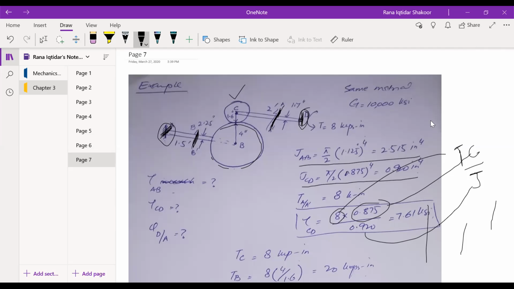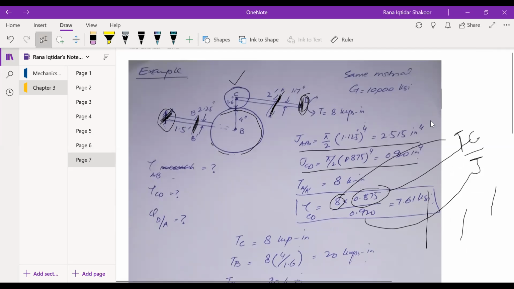The reason is that torque is also being applied on this shaft, right? If it is a torqueless shaft, then fine. However much this gear is twisting, this much the shaft will twist. But in addition to that, we now have a torque of 8 kips-inch over here as well. So obviously the angular twist of this shaft CD will be larger than the twist this particular gear C is achieving. So what will we do?